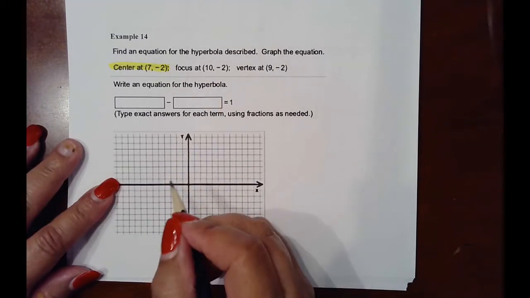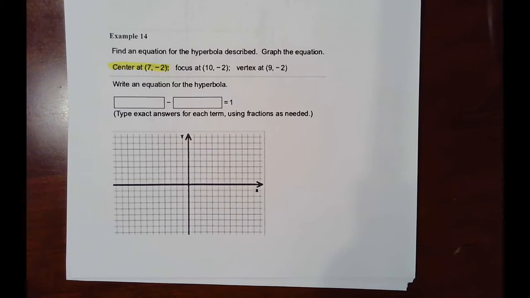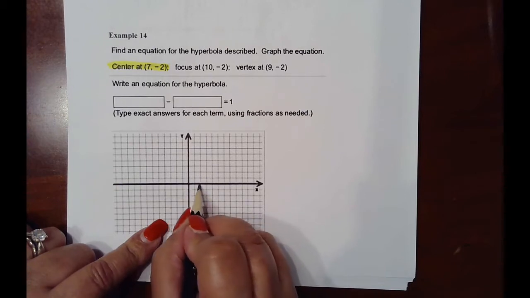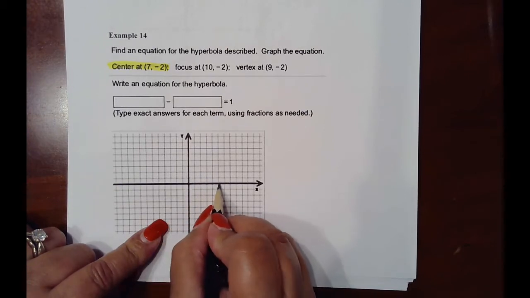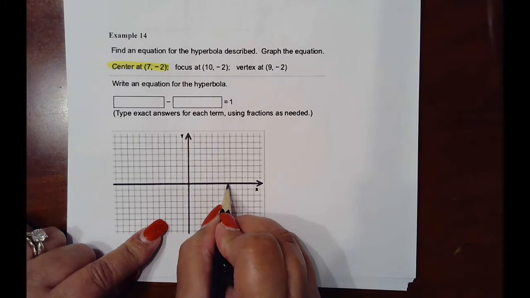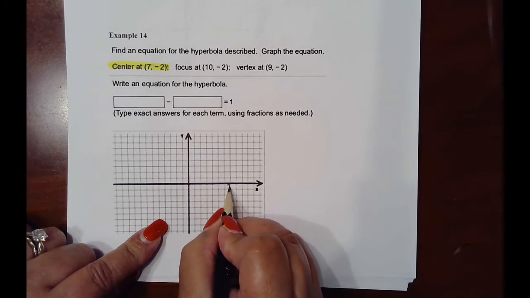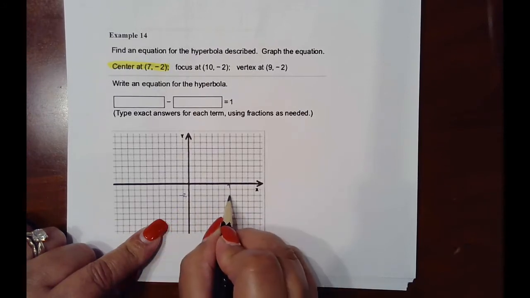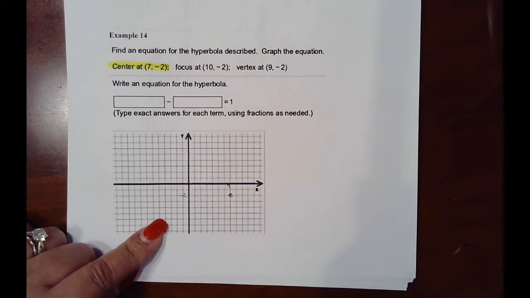So if we plot that, I'm going to count in ones: 1, 2, 3, 4, 5, 6, 7. And then I'm going to go down to -2. 1, 2. So this will be my center.